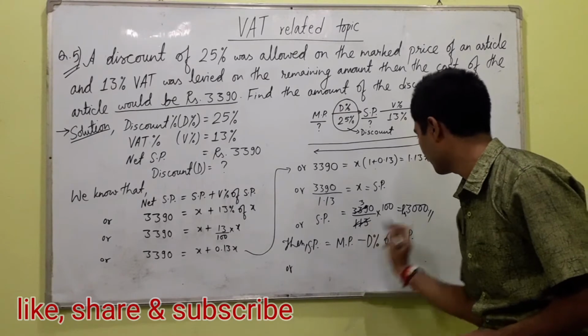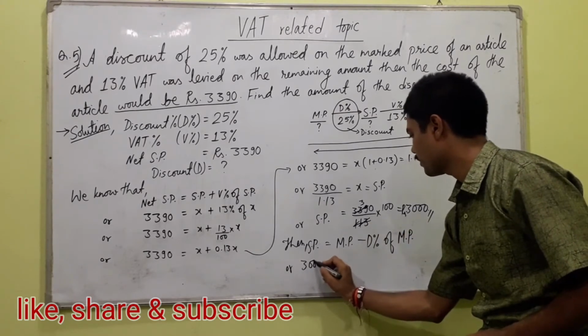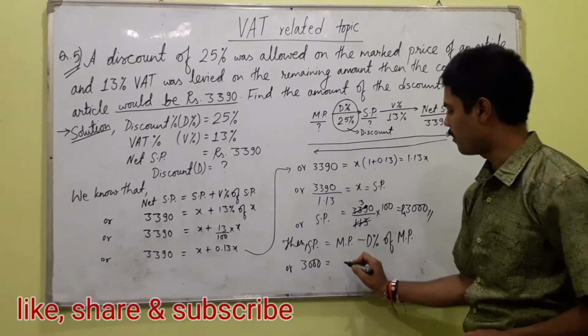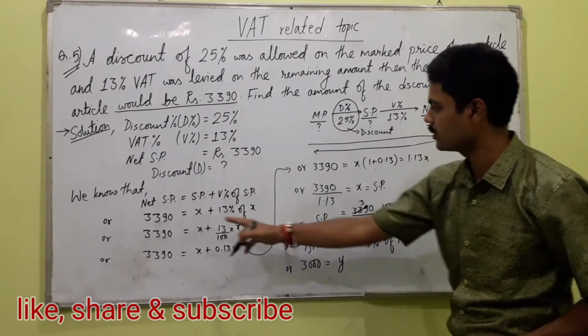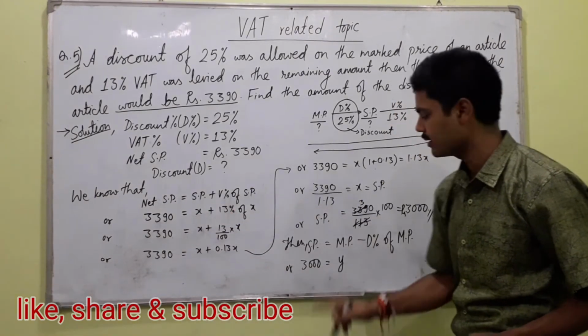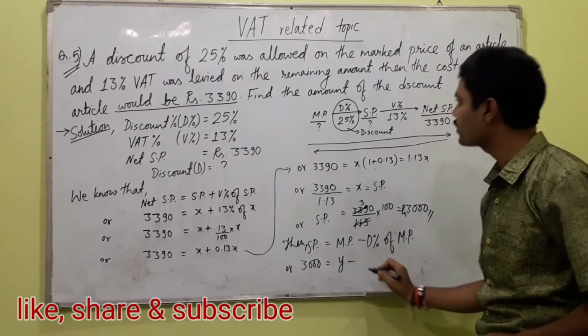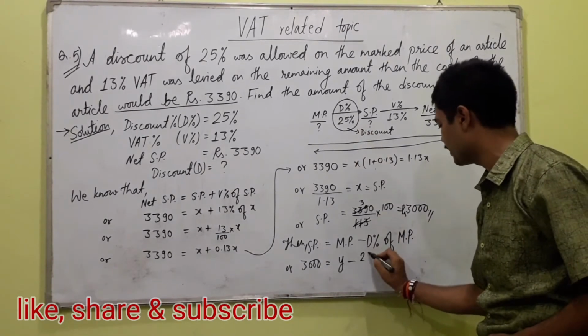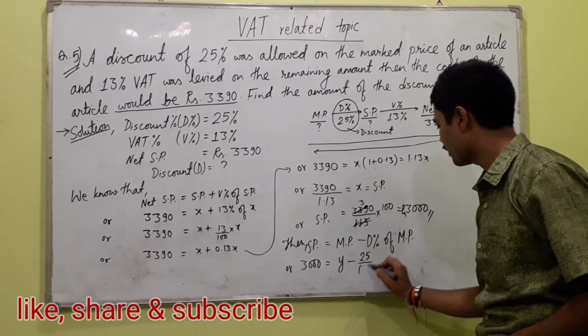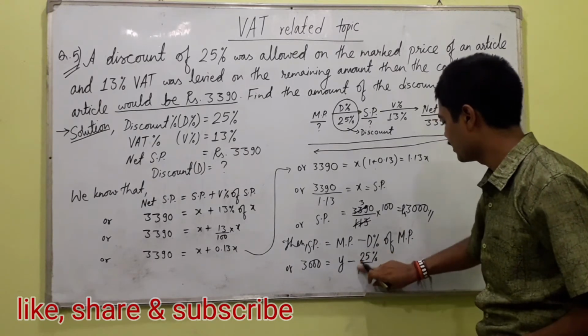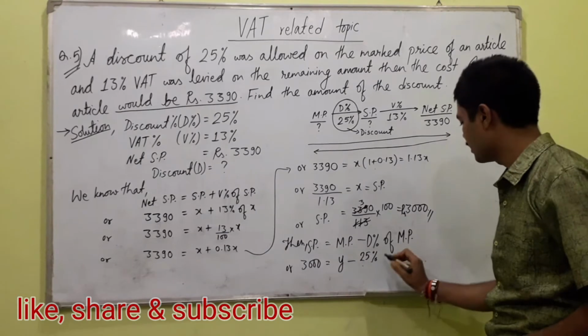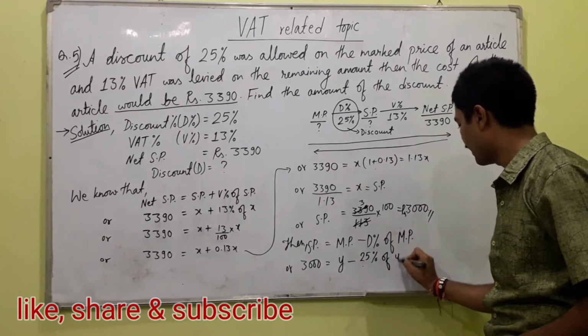Here 3000 is equal to mark price, you can let it be y because you have already let selling price be x. So now you have to put another variable here, and the discount percentage is 25%, of y.